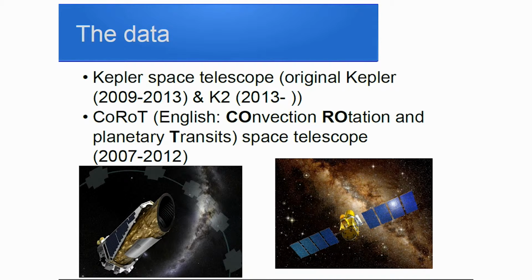The Kepler space telescope has found around 2,900 eclipsing binaries. There is an official catalog for eclipsing binaries for Kepler, and we found around 1,500 eclipsing binaries in the Kourou field.